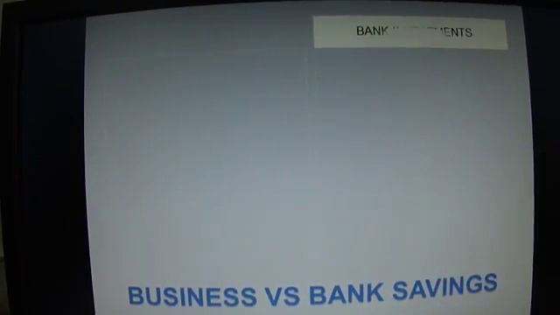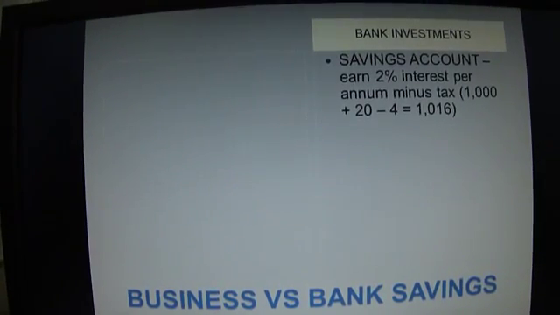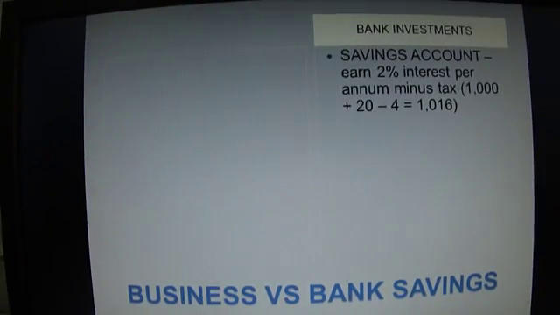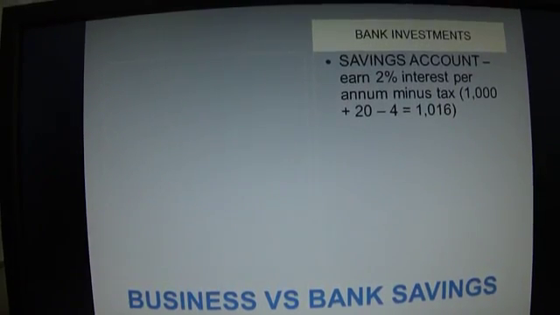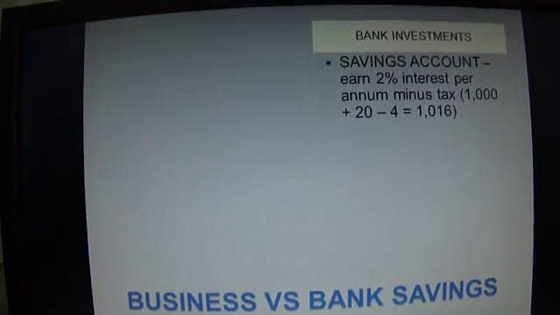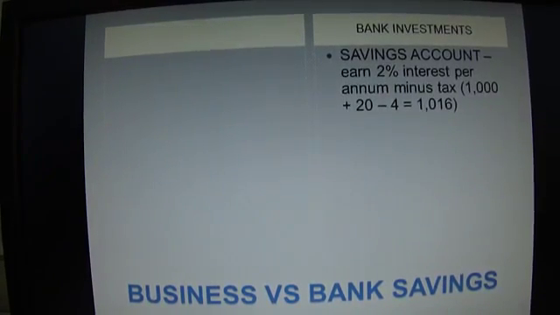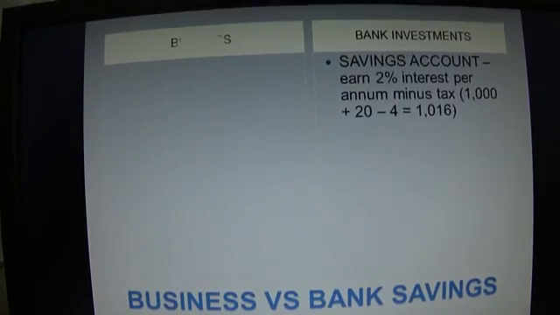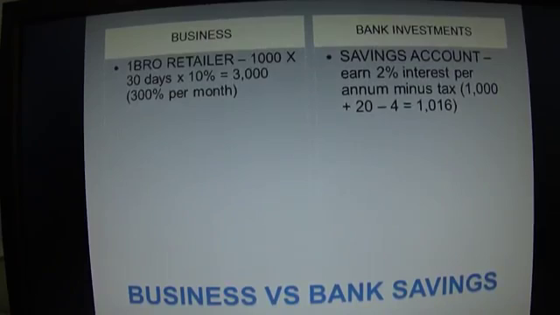On bank investments, for example, on a savings account, you will earn 2% interest per annum minus tax. So if you deposit 1,000 pesos, you will only earn 16 pesos for 1 year because 20% tax was deducted from your earning. On the other hand, the business side, for example, you are a One Bro retailer, selling loads.